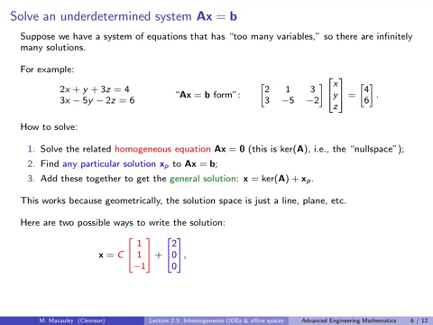Actually, let me write it up here. So 1, 1, negative 1 is in the null space, which means AX equals 0. That means that 2, 1, 3, 3, negative 5, negative 2 times 1, 1, negative 1 equals 0, 0.